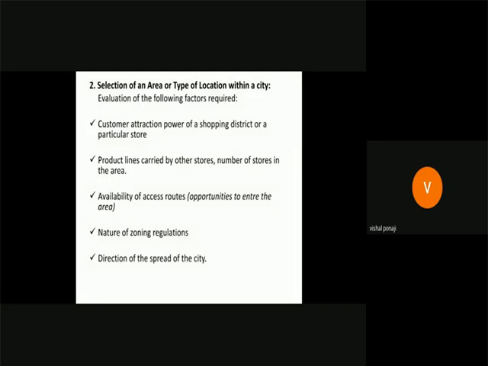Maybe the availability of access routes, the opportunity to enter an area, also has to be keenly observed. If you recall Porter's five forces model, we say the threat of new entrants: especially the competitors or present players in that market make a safety shell around the market so that new entrants shouldn't enter.